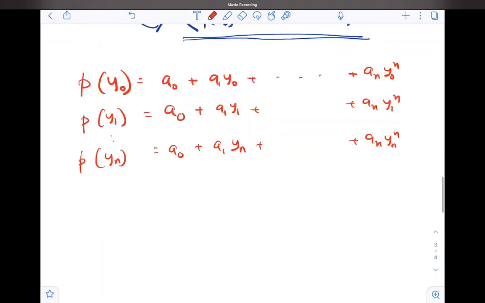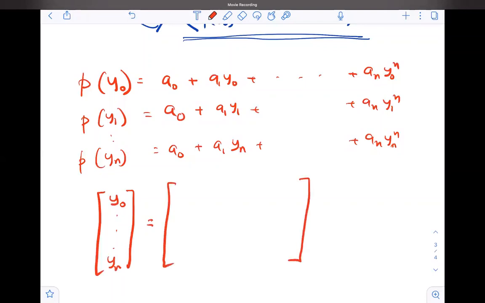So if I write P of y0 to P of yn as a column vector, I can write a matrix for it. I want to write it as a dot product. The left hand side will be P of y0, P of y1, up to P of yn.